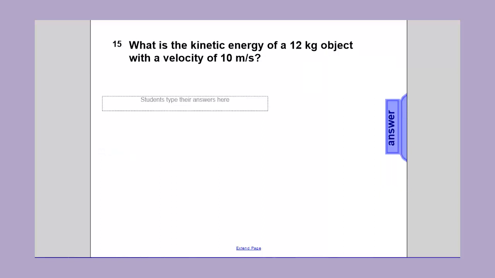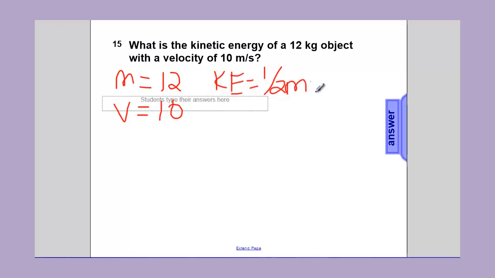What is the kinetic energy of a 12 kilogram object with a velocity of 10 meters per second? So now we've got our mass is 12, our v is 10. So if we've got KE equals 1/2 mv squared, now we're going to plug in our numbers.